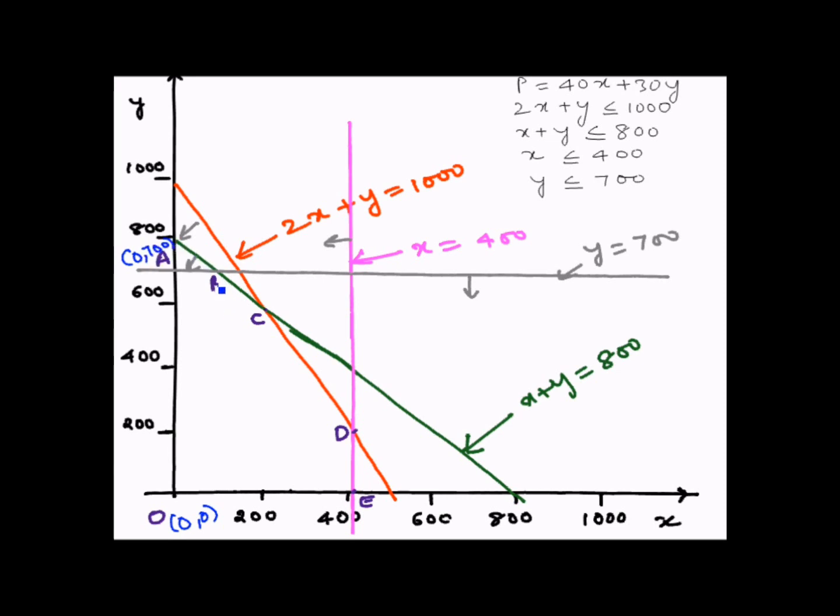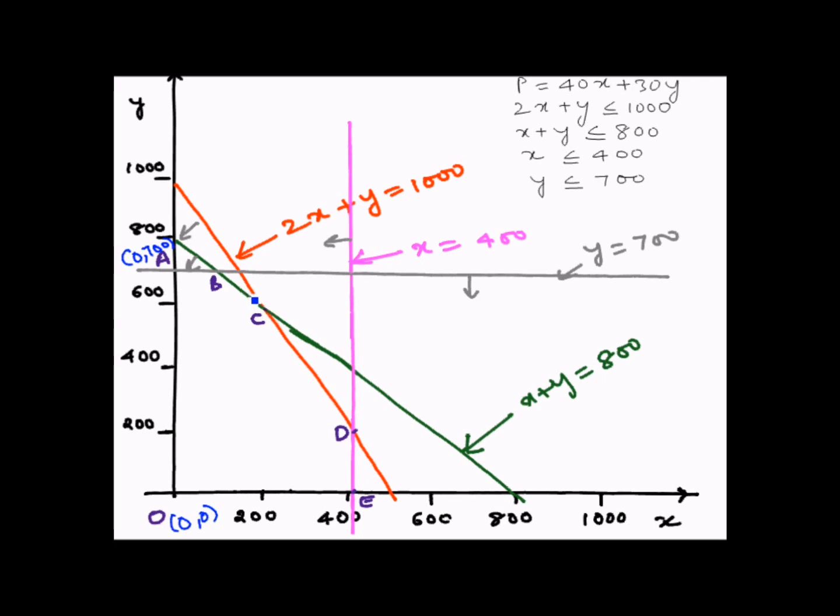For B, the point B lies on the intersection of this green and the gray line. So if we solve these two lines as simultaneous equations, the value of x and y will give us the coordinates of the point B. Similarly, point C lies on this green and the red line.